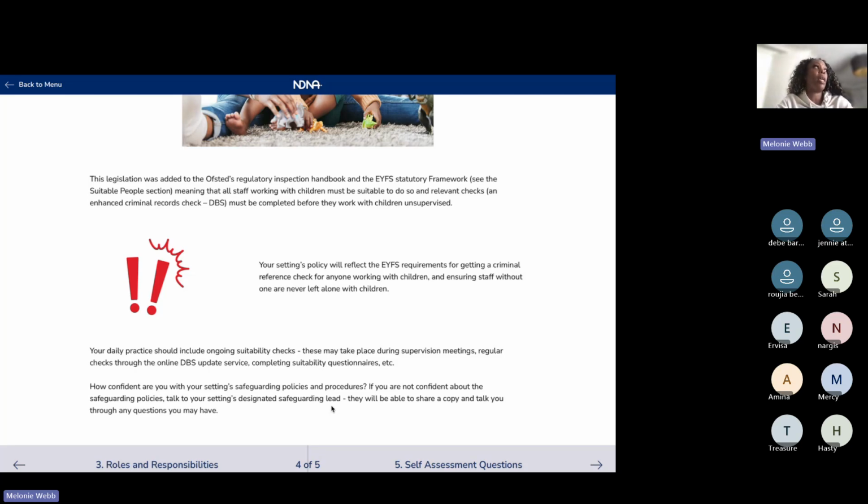Obviously, newcomers, whilst we might read or browse through those safeguarding procedures, and at the start of everyone's employment, they have to do safeguarding training. However, whether or not that sticks or how much of that sticks isn't always relevant. So it's important that we as practitioners and employees are sharing that best practice, explaining things.